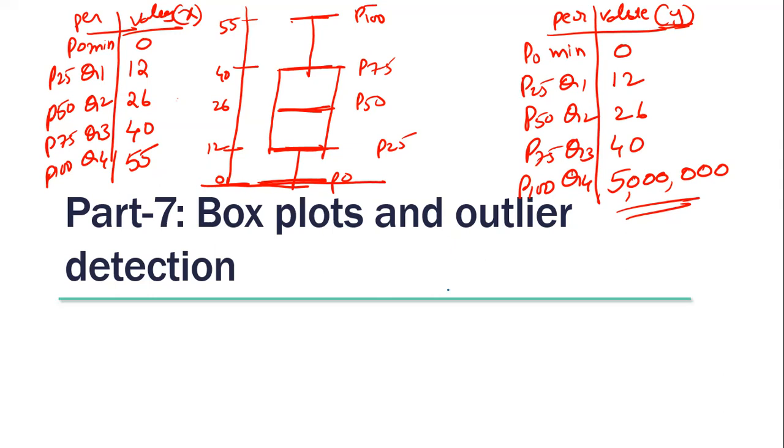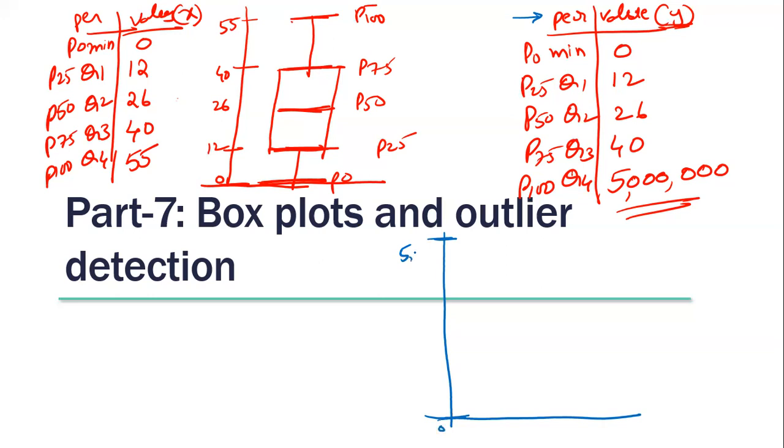Let us draw the box plot for variable Y. By the way, what is the minimum value of variable Y? Look at variable Y here. What is the minimum value? 0. What is the maximum value? 100 percentile. What is the maximum value? 5 million. So in this graph, I have to put this from 0 to 5 million, right?